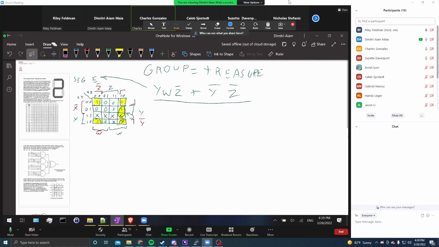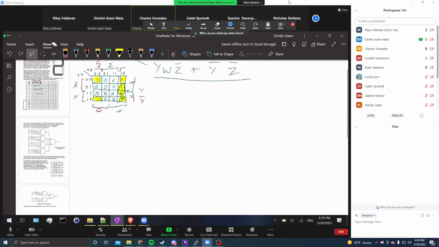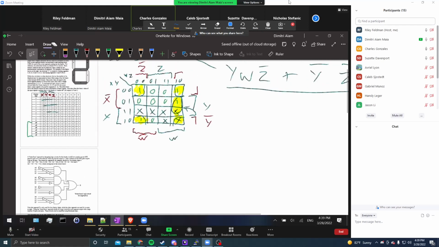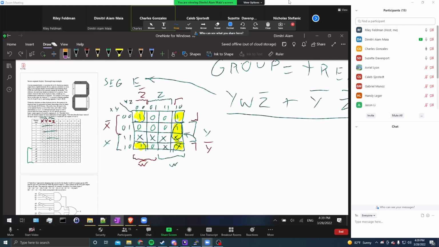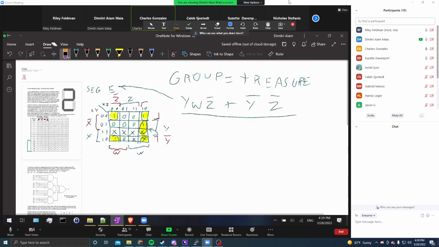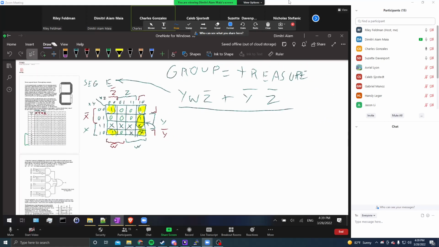Alright, does everyone understand where we're at so far? It's a quick breather. Yep. Basically you have to find where the ones are for each letter. If it's letter E, you have to know how many numbers there are, and then you put a 1 for each number there is. The rest of them are 0, and the ones at the bottom are the don't cares. And you have to break them down into groups, and then look at where each one is.